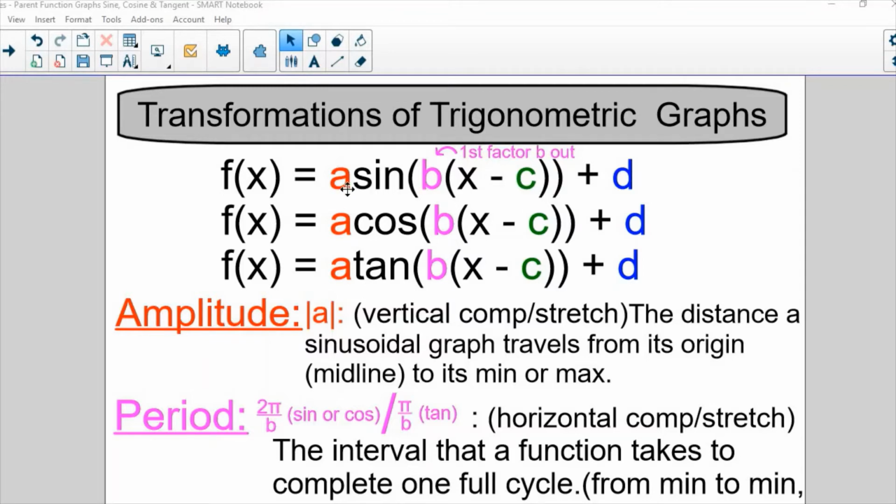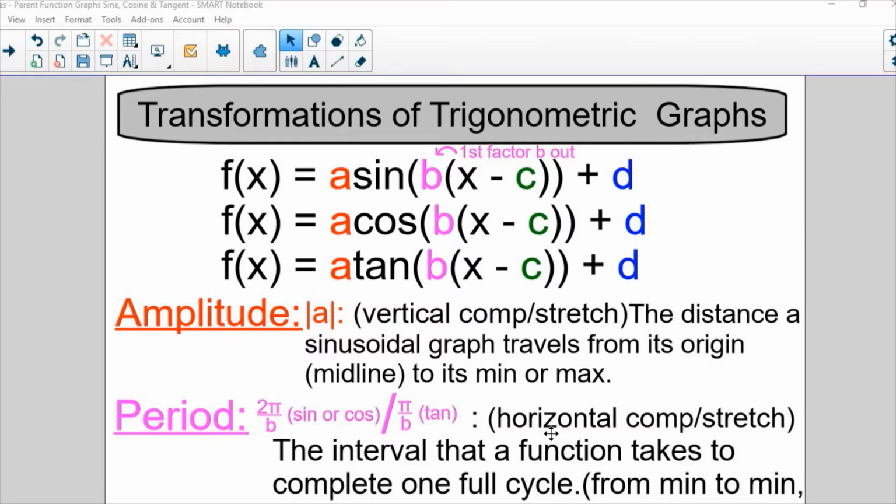So the A, formerly known as a vertical compression or stretch, in the world of sine and cosine is called an amplitude. It is the distance a sinusoidal graph travels from its origin or midline to its min or max. Keep in mind here it says sinusoidal. So when we talk about tangent, it is again simply a vertical compression or stretch.